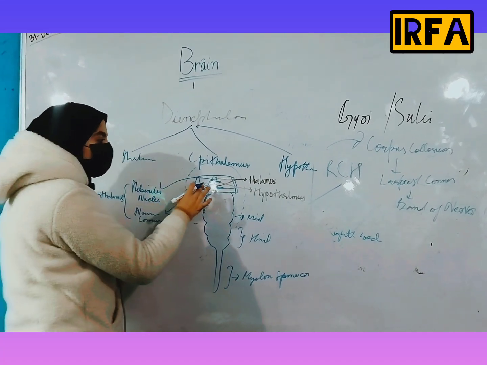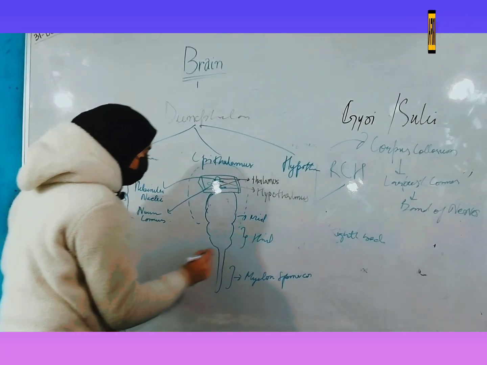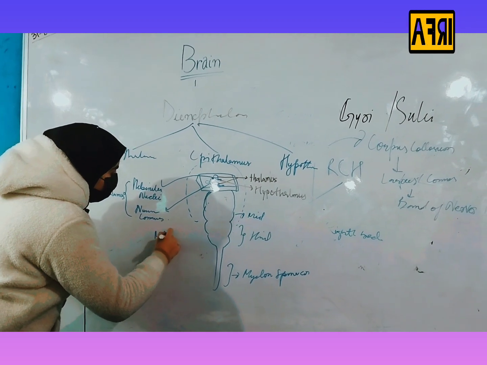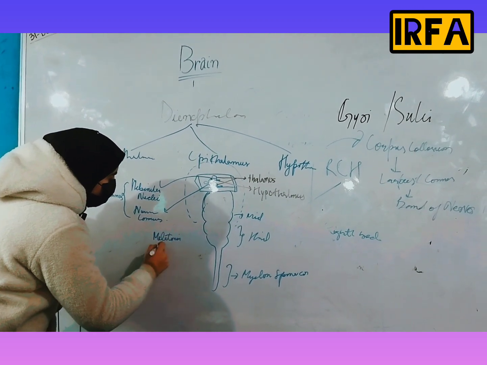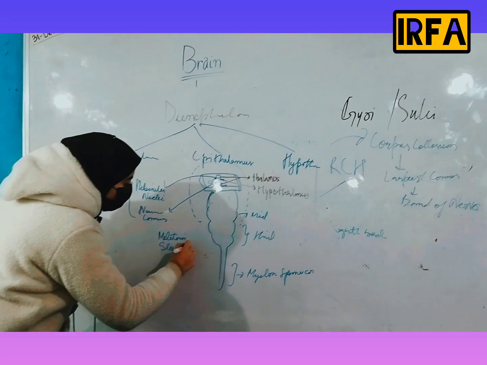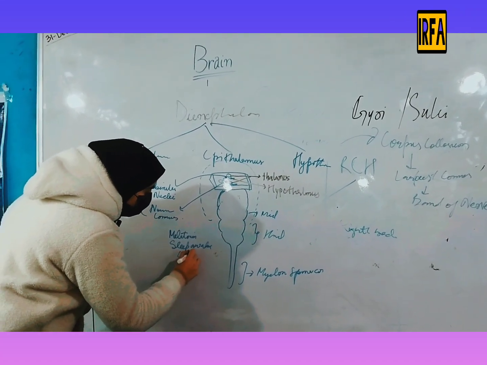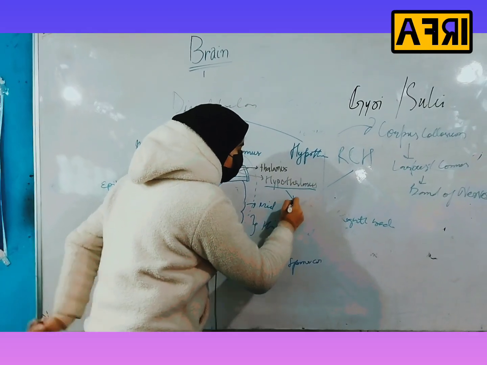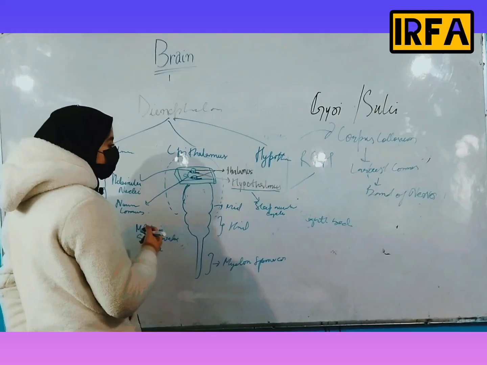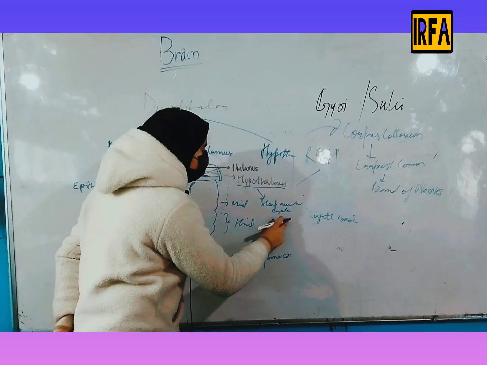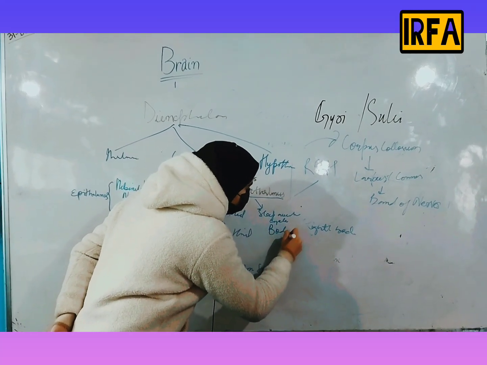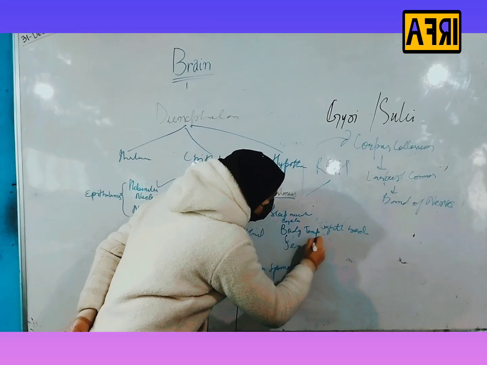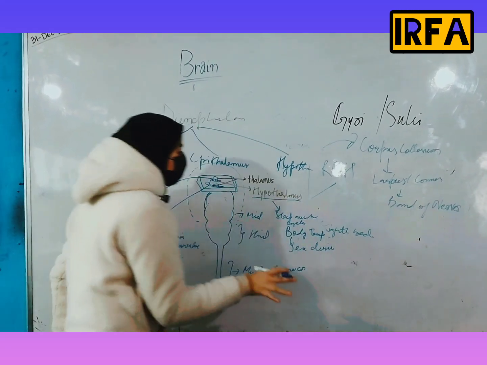Some information about the pineal gland. It's an endocrine gland which secretes the hormone melatonin, which is responsible for the sleep-wake cycle. Now, the hypothalamus is responsible for the sleep-wake cycle and body temperature, and it's responsible for sex desire and many other things.